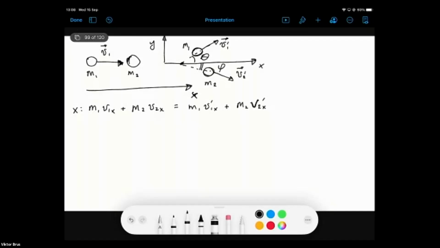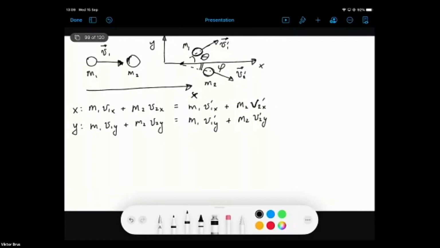So this is for axis x. The same we can write for axis y. So it will be m1 v1y plus m2 v2y equal to m1 v1y prime plus m2 v2y prime.